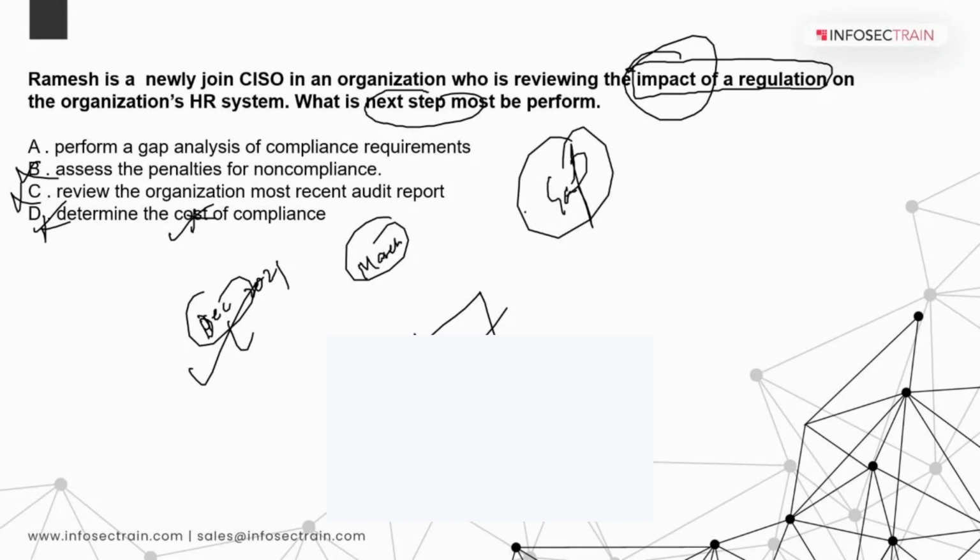Gap analysis means your existing state and your desired state. For example, when you start doing regulatory analysis of your organization, what is the current state, and what does your company want to achieve?